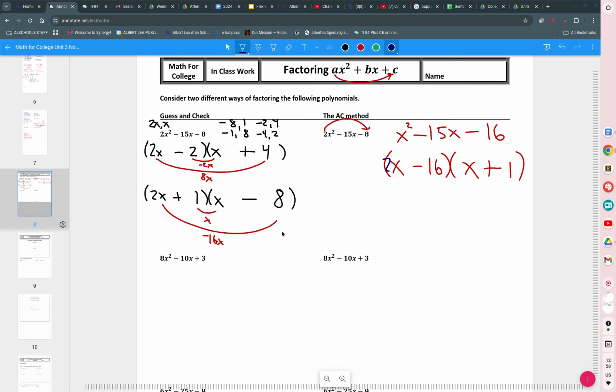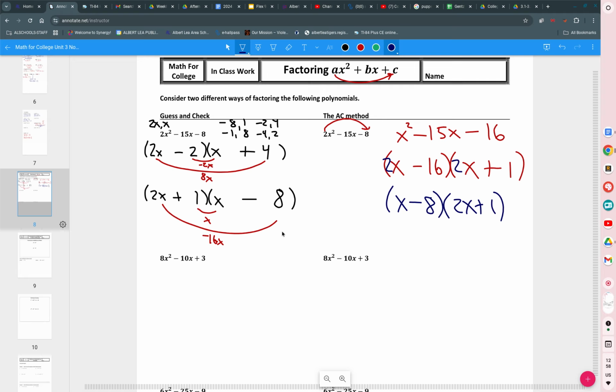I put it here, and I put it here. And to finish it off, I say, are 2 and 16 divisible by the same number? They're both divisible by 2. So divide it, and you get x minus 8. 2 and 1 are not divisible by the same number, so you just have 2x plus 1.